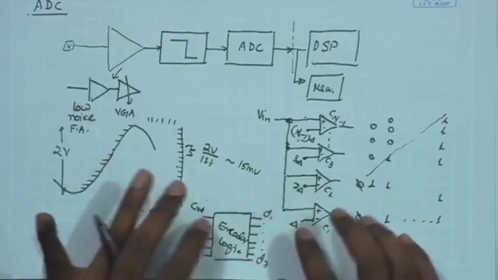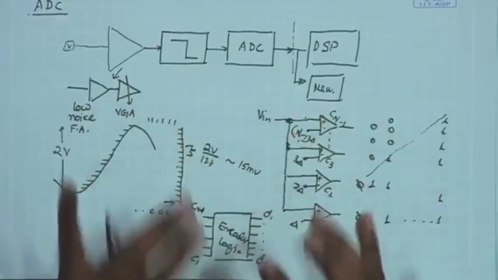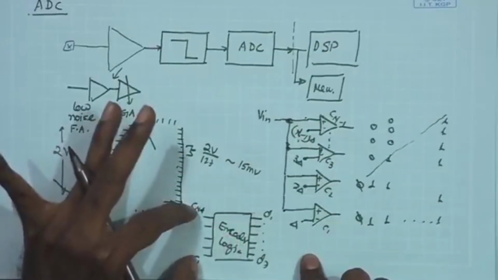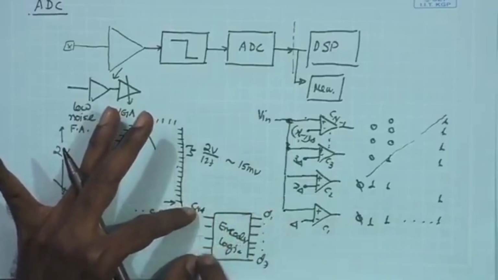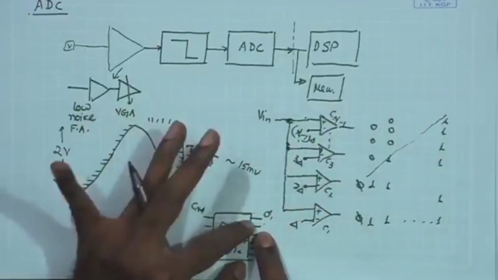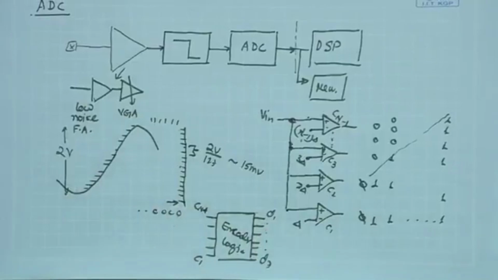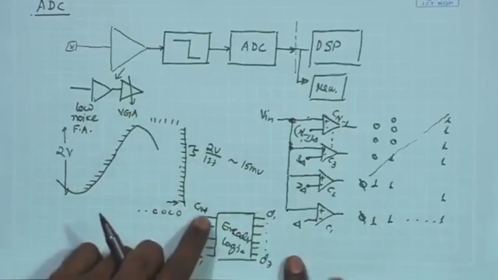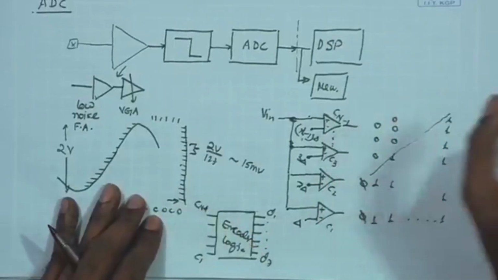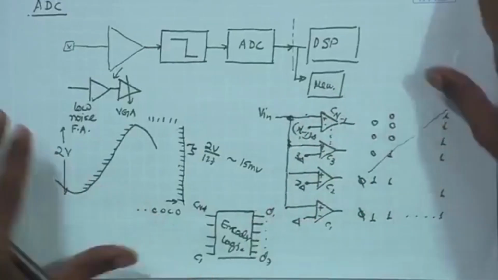So, CAD tools can solve this truth table and give us an optimized Boolean logic, gate level implementation of this digital logic function, where you have n minus 1 inputs and each of them can be 1 or 0, and you have corresponding to that 7 outputs. Each of these 7 outputs are some logic functions of these n minus 1 inputs, which can be obtained using a CAD tool. All you need to do is specify a truth table where each of the 7-bit outputs will be specified as a function of these.